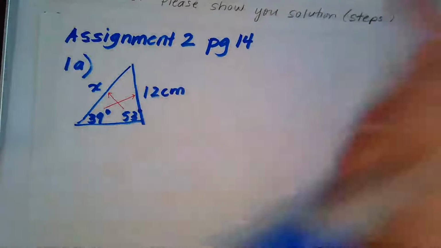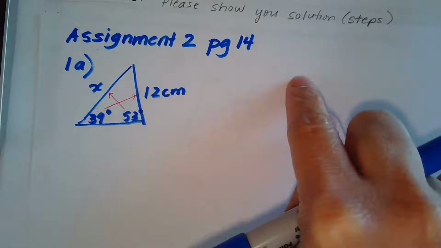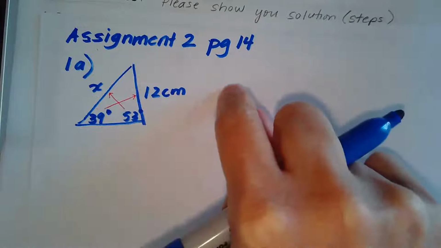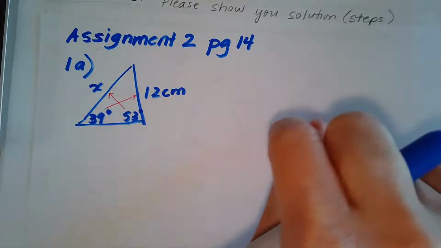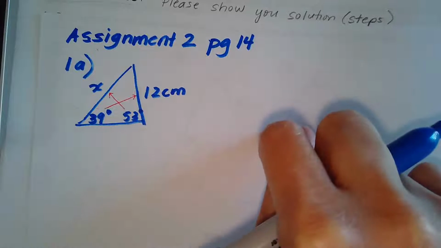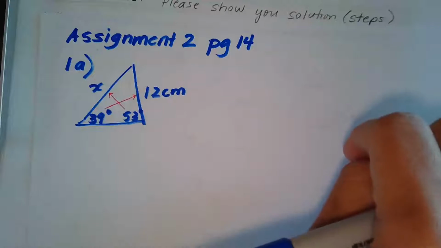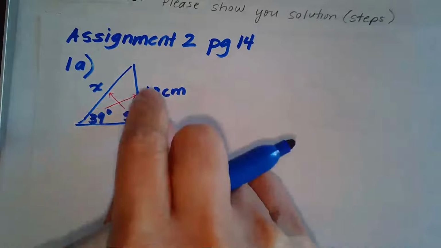Remember that the formula is, along the top, A divided by the sine of A, B divided by the sine of angle B, and then C divided by the sine of angle C. So I'm just going to pair this up.